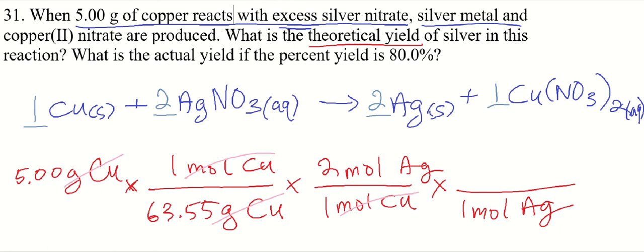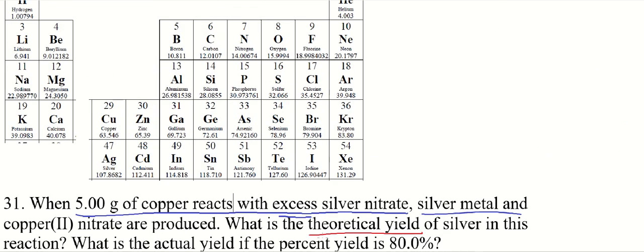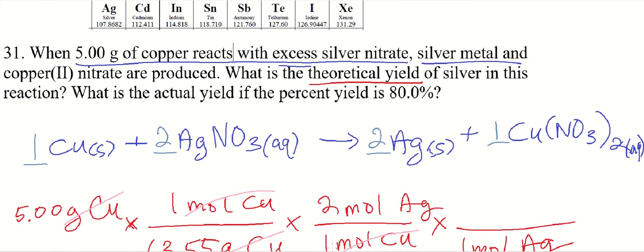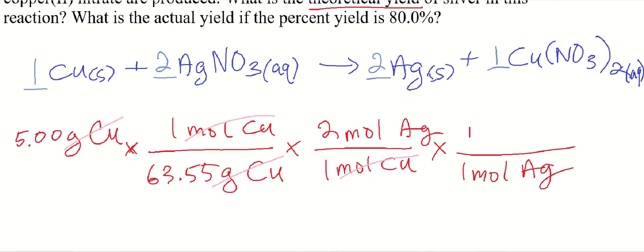So silver on your periodic table is right below copper. Again, let's use 4 digits, 107.9 grams of silver in 1 mole of silver. Units cancel out because they're top and bottom.